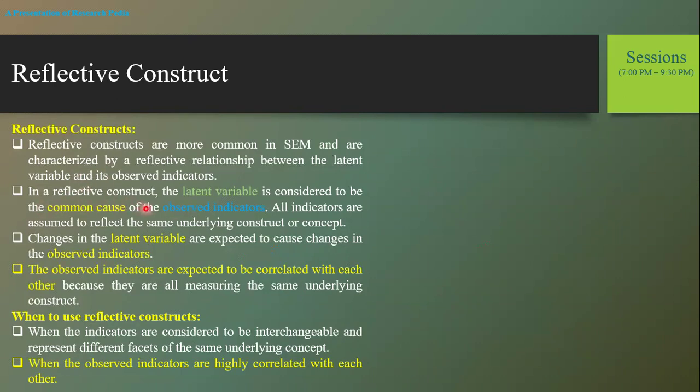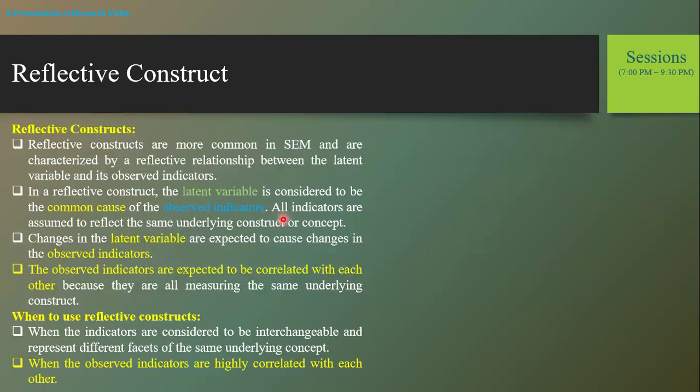In a reflective construct, the latent variable is basically the construct that we are going to measure, and it is considered to be the common cause of the observed indicators. So when we have some statements, some factors, some indicators that indicate a common cause of something, then the latent variable becomes the reflective construct.